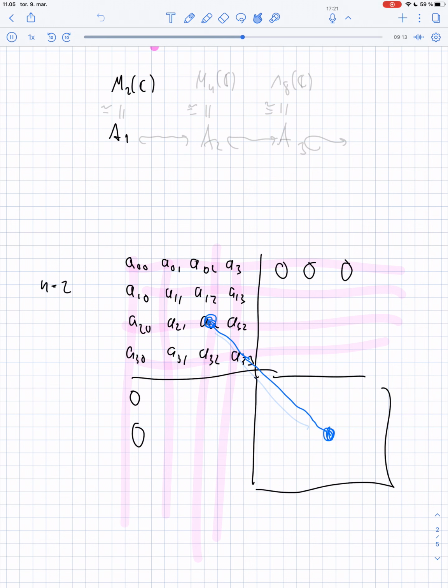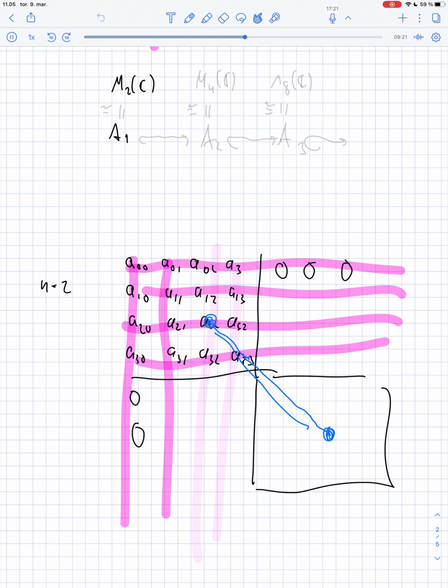So those have to be the same, right? So just like before, since I know what's going to happen in the first 4 rows and the first 4 columns, I know what's going to happen in the rest of the matrix.